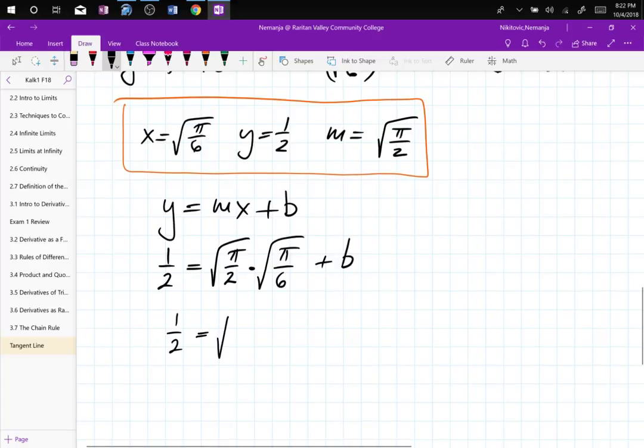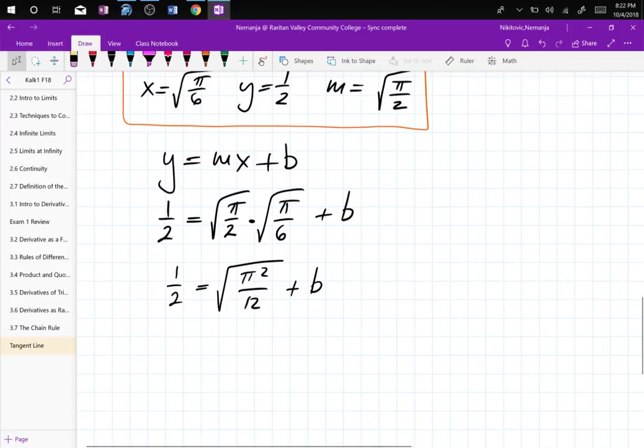1/2 is equal to the square root of pi squared over 12 plus b. You can kick pi over 2 outside, and what's left is 1 over 3 plus b.